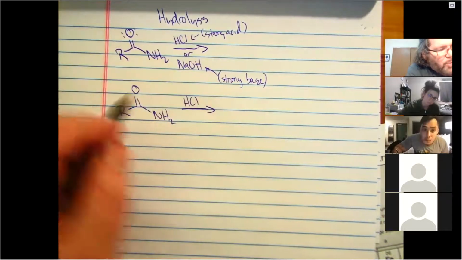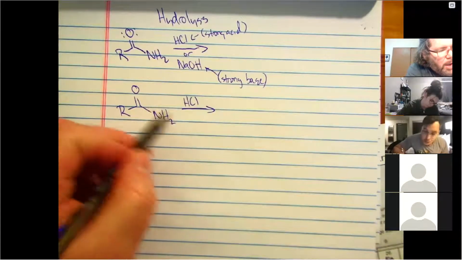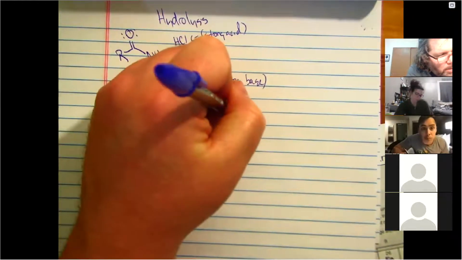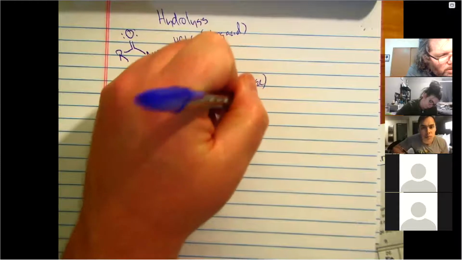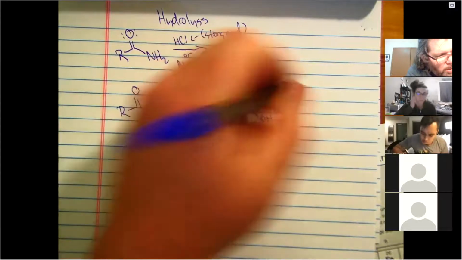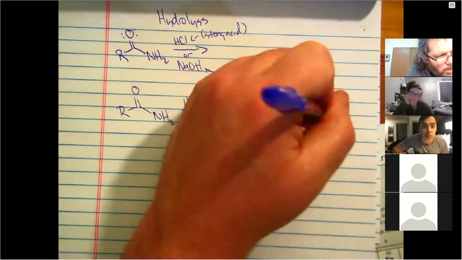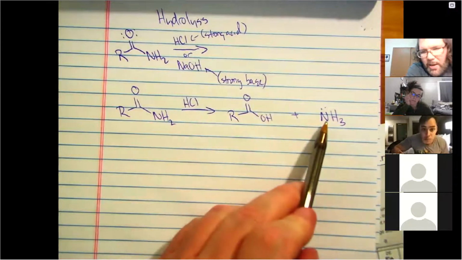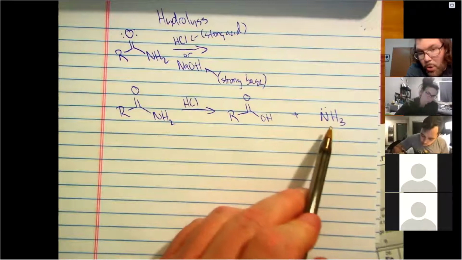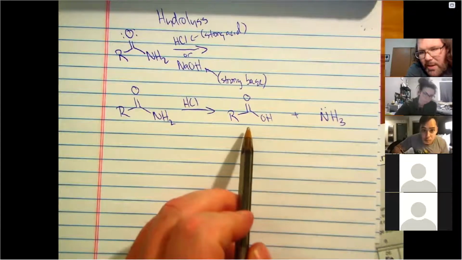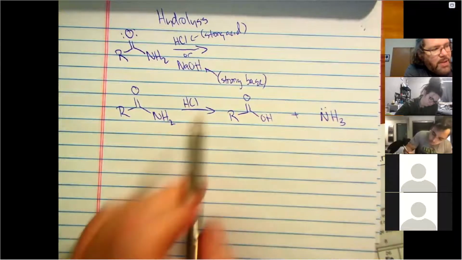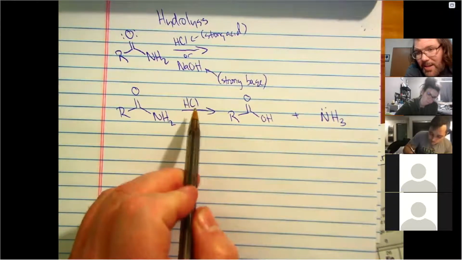So imagine when we break our amine and our carboxylic acid apart, there's our amine. Well, in this case, just ammonia. There's our carboxylic acid.